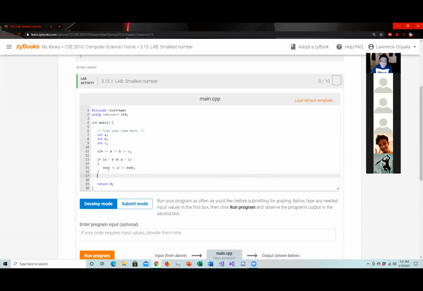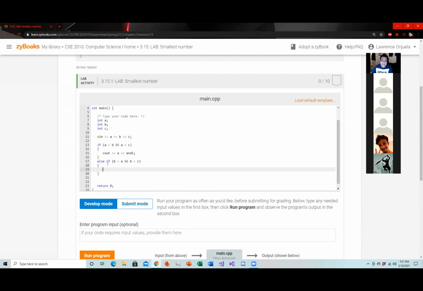Now let's make an else if. This is the scenario where B would be the lowest of the 3, right? So we would say B is less than A and B is less than C. If this were true, we would have to cout B instead, right?